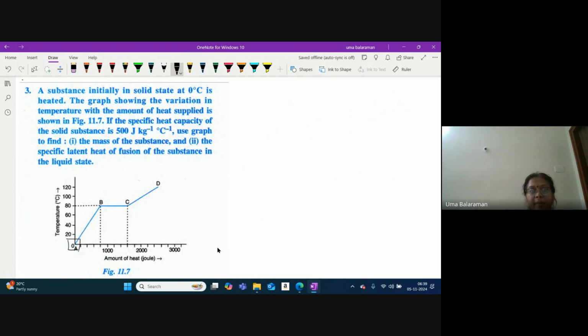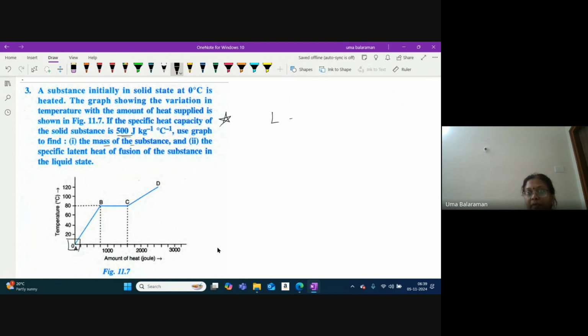If the specific heat capacity of the solid substance is 500 joules per kilogram per degree Celsius, find the mass of the substance. So specific heat capacity is 500 joules per kilogram per degree.